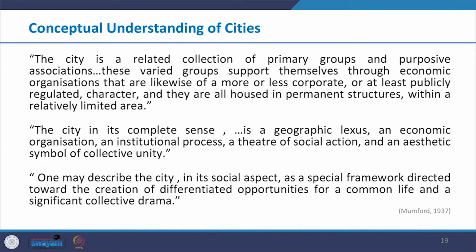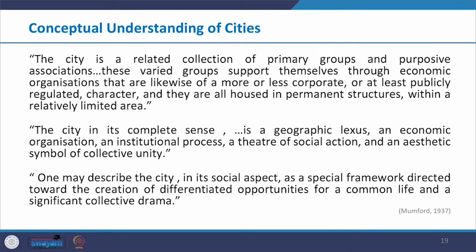So in this definition, we see that the aspect of collectiveness is highlighted, and this collectiveness has a purpose behind it. And we also see the economic aspect coming into the picture here, and the permanent nature also coming into the picture while we define cities.